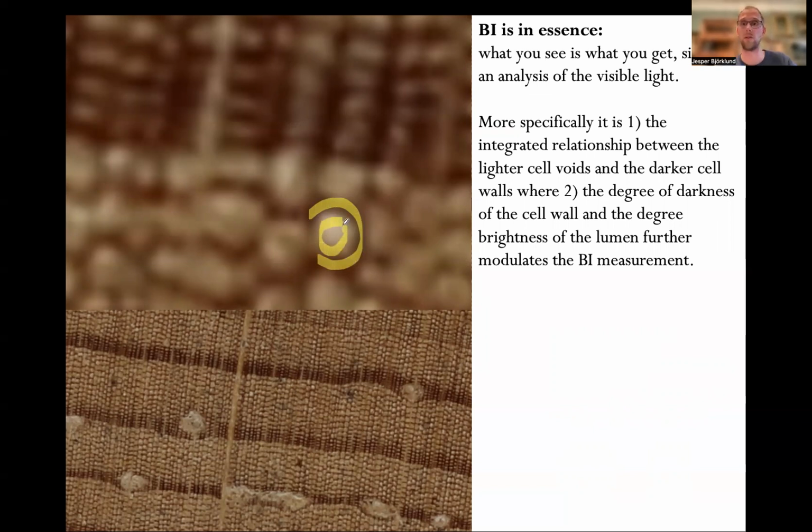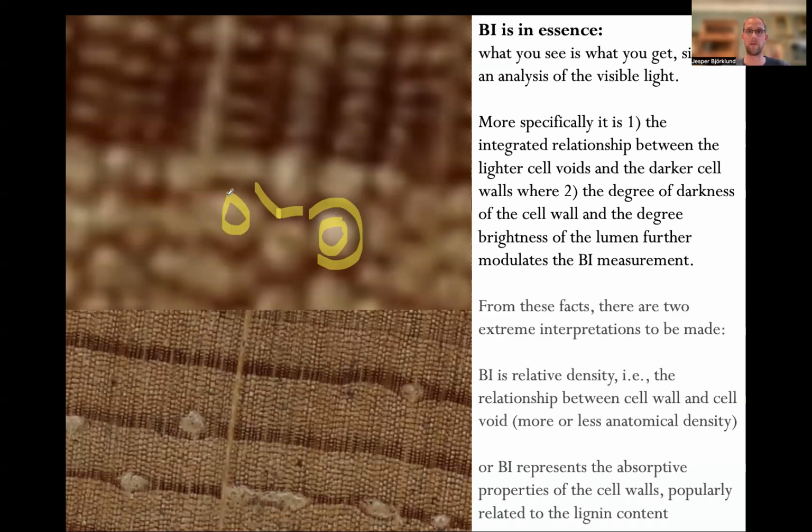But it is also the degree of the darkness in the cell walls and the lightness of the cell voids that sort of modulates your measurements. However, for argument's sake, we will make two extreme interpretations today: that BI is the relative density, only the color of the cell wall in relation to the color of the cell voids.